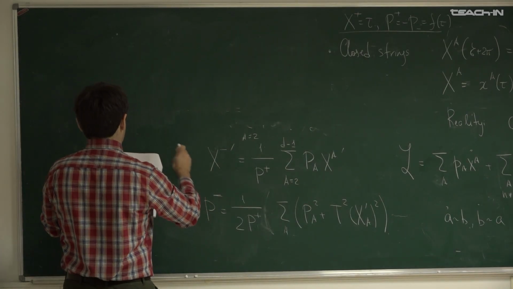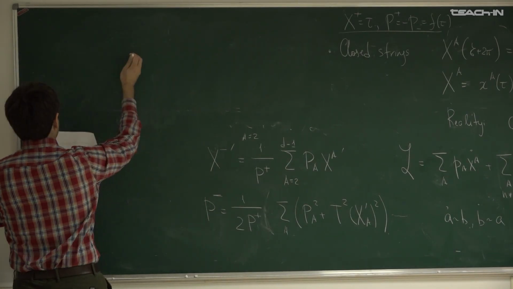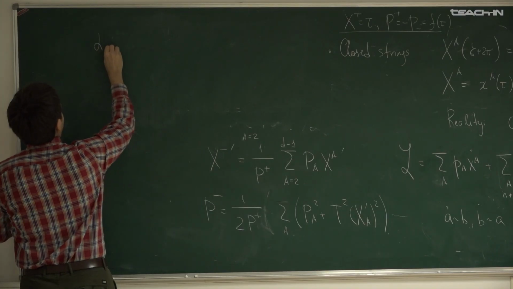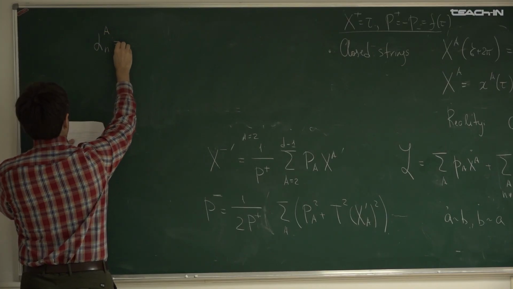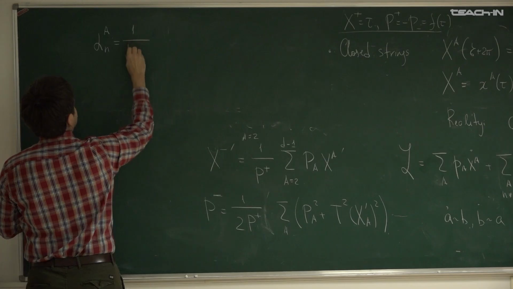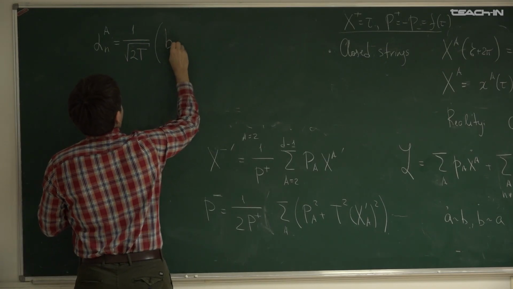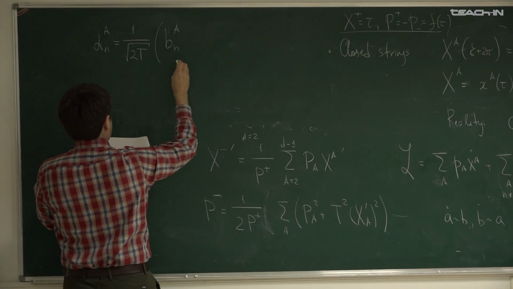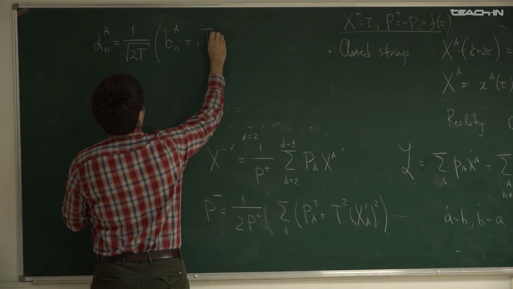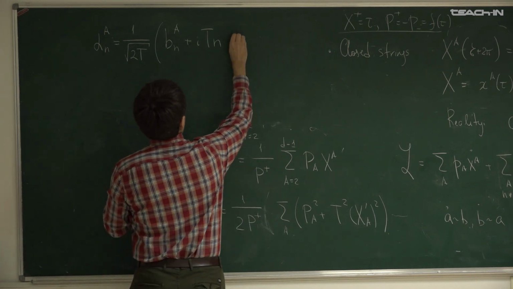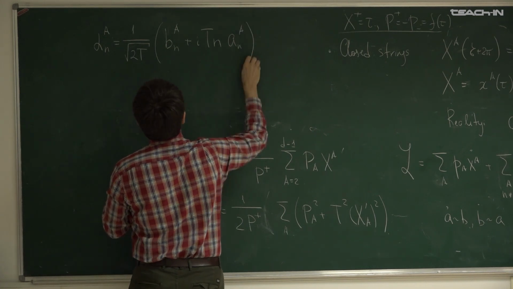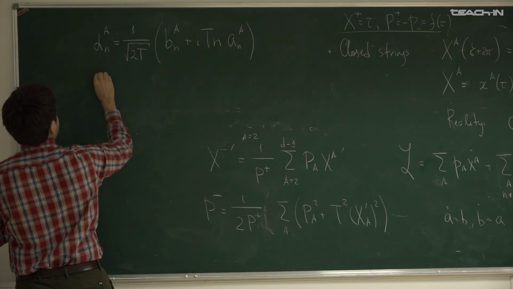So the good coordinates are alpha_n^A, which is 1 over square root of 2t times b_n^A plus i t n a_n^A, and alpha tilde.